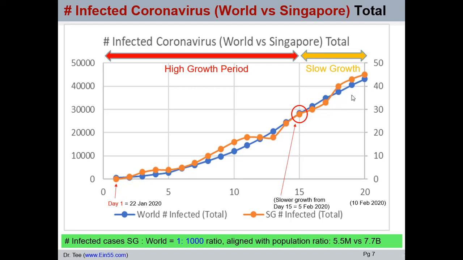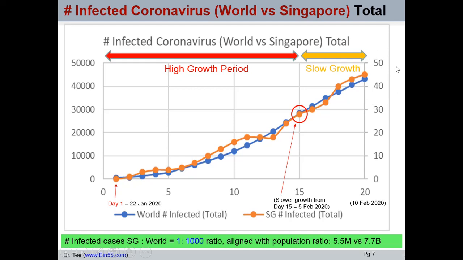It means the coronavirus spreading in the whole world will likely behave about the same in Singapore as well. And since there are more cases in the whole world, its behavior will be more predictable and more consistent compared with Singapore, which has fewer cases. As of today, it is roughly 45 cases.